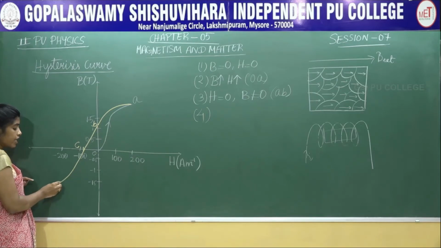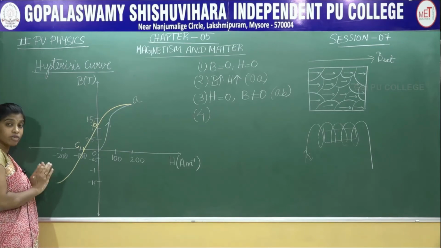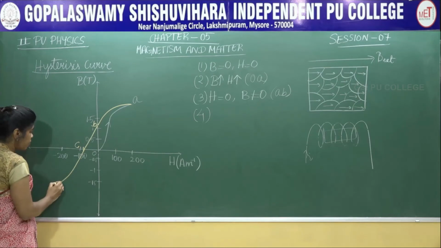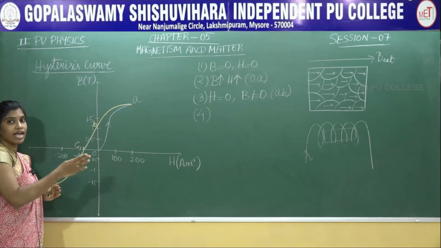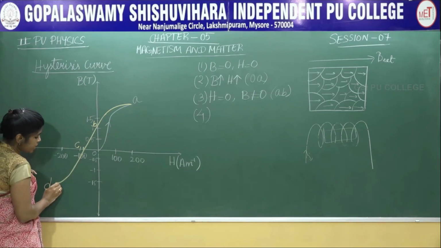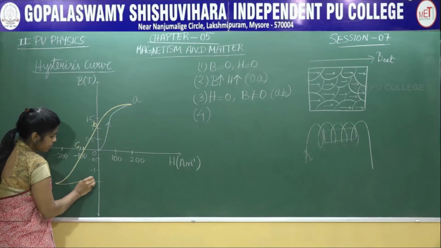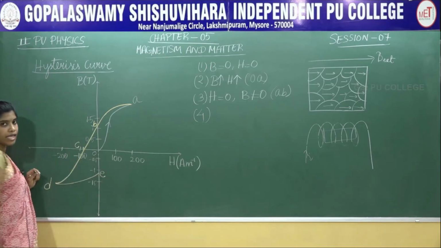Now, if I further increase H, the value of B is not going to change, and so I am going to mark this point as D. Now, I am going to reverse the direction of H. If I reverse the direction of H, here the B is going to decrease and come back to this point, which I am going to mark as E.